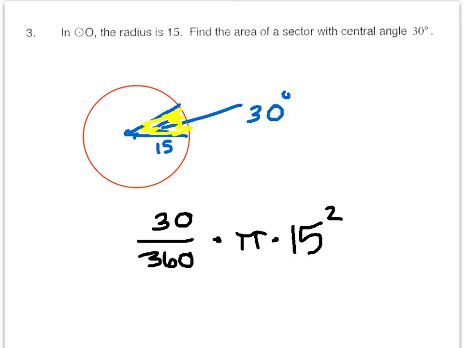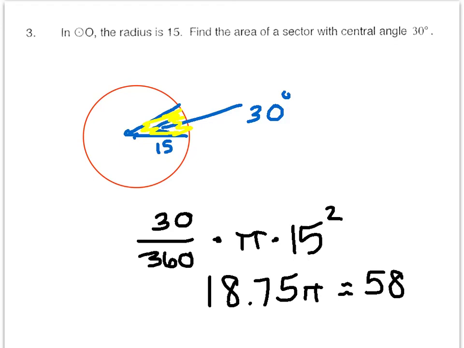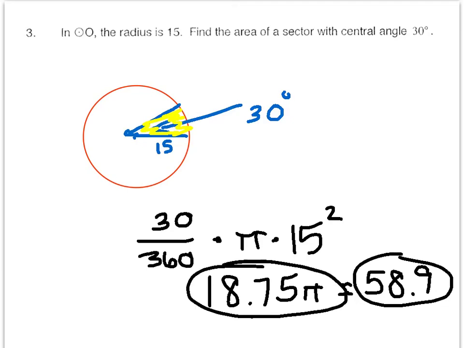Using our calculator, 15 squared is 225, times 30 divided by 360 is 18.75 pi. And if I want the rounded answer, I would multiply times pi and get 58.9 units squared. So there's our rounded, and there's our exact answer.